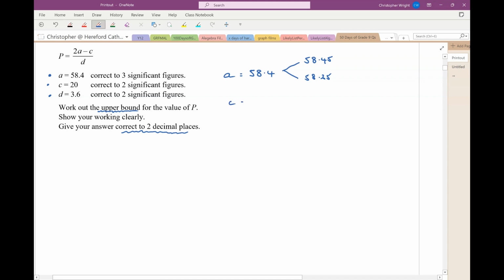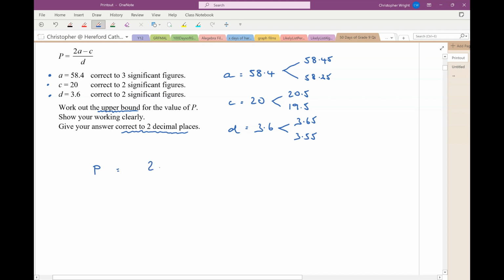Now C is 20, correct to 2 significant figures. So I'm going to go 20.5 and 19.5. And then I've got D, which is 3.6, correct to 2 significant figures. So 3.65 and 3.55.